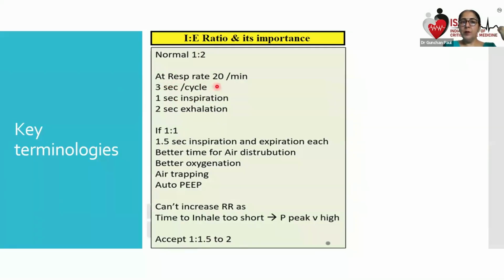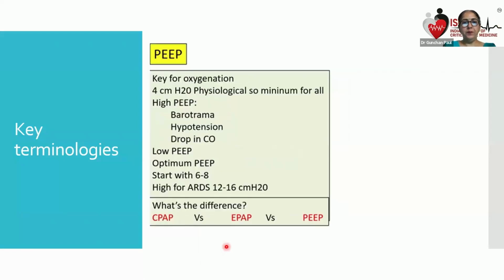So if I keep a respiratory rate of 20, 60 divided by 20 means 3 seconds per cycle for each breath. And if I've kept a ratio of 1:2, it means 1 second will be inspiration and 2 seconds will be expiration. So you should keep it at an acceptable ratio, 1:1.5 or 1:2, which is normal and most suitable to the body because it is close to normal.